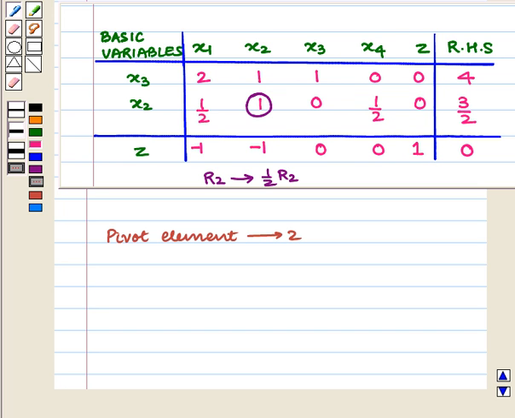Now we have to make all other elements in the pivot column 0. So for this we will apply row operations on row 1 and row 3.